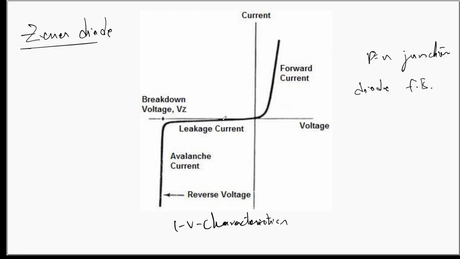The leakage currents are mainly due to the minority charge carriers, since the reverse biasing condition for the majority charge carriers acts as a forward biasing condition for the minority charge carriers. As a result, you will have a small current in the circuit. At the voltage designated as the breakdown voltage or the Zener voltage, suddenly a large current flows through the circuit. The current is called the avalanche current.